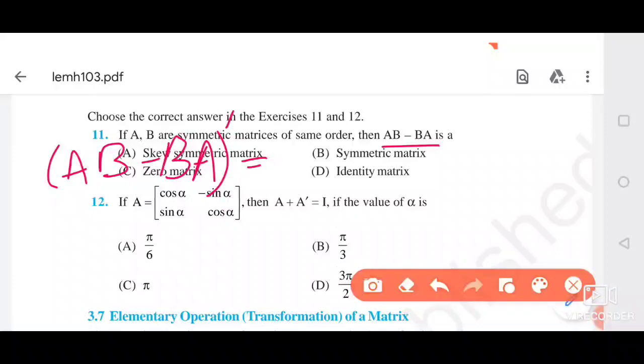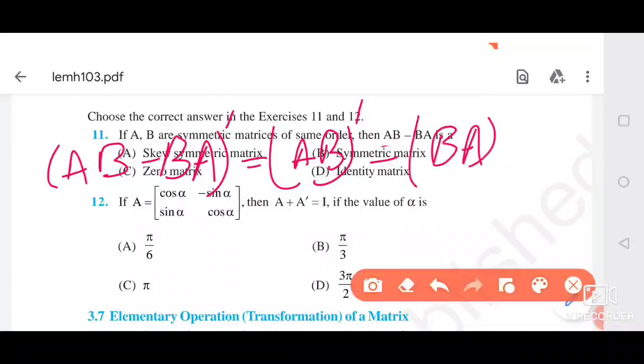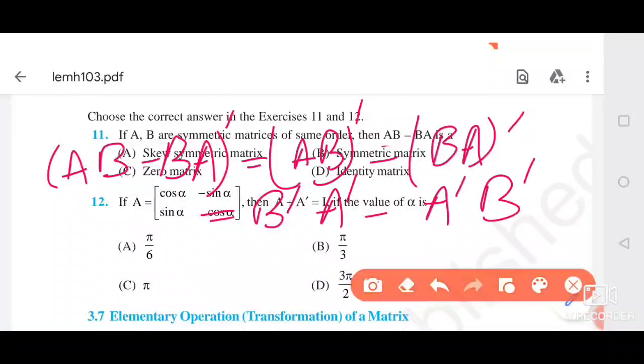So here we can write AB whole transpose minus BA whole transpose. Now from here we can write B transpose A transpose, and here A transpose B transpose.